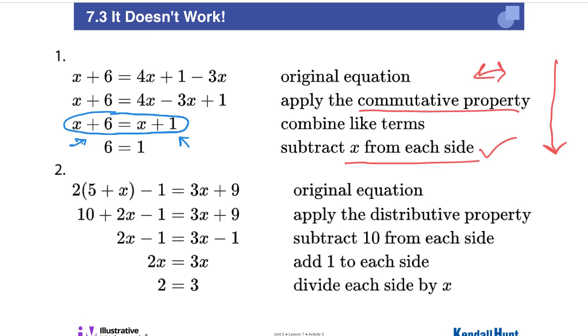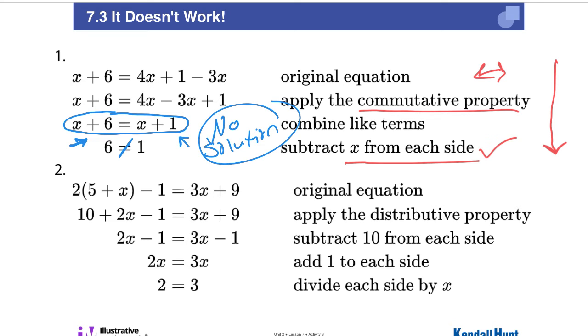And so the left side is always going to be bigger. You cannot figure out a value for x that makes both sides true. And so we end up with this false statement right here because there is no solution. There is no value for x that's going to make this equation true.